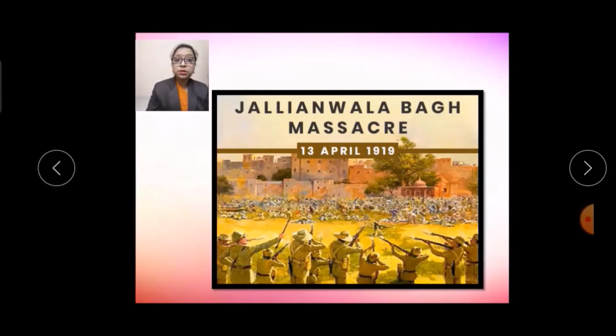While they were attending the meeting, the British soldiers entered the Jallianwala Bagh, and on the orders of General Dyer, the soldiers blocked the only exit from the park and fired for 10 minutes into the unarmed crowd. After that, thousands were killed or injured. This is what happened in Jallianwala Bagh.